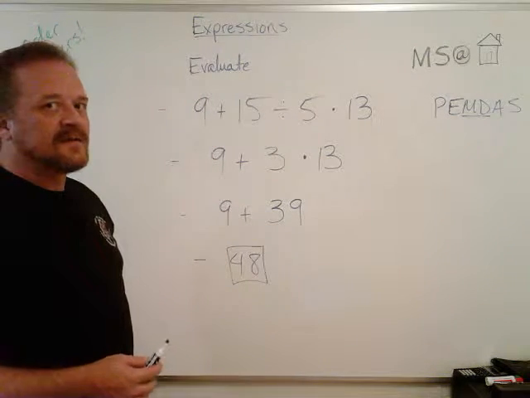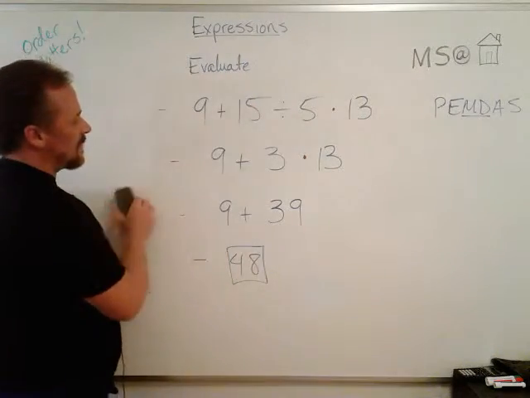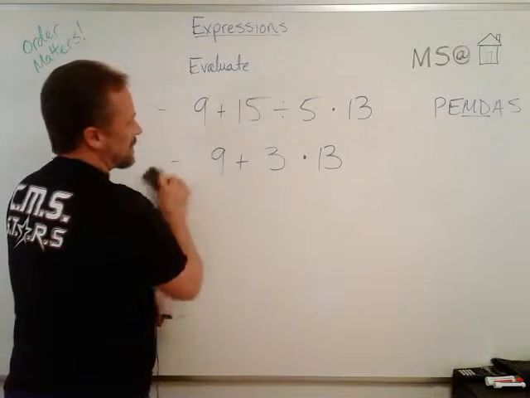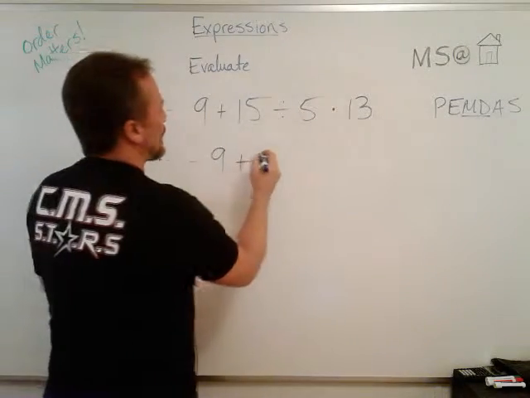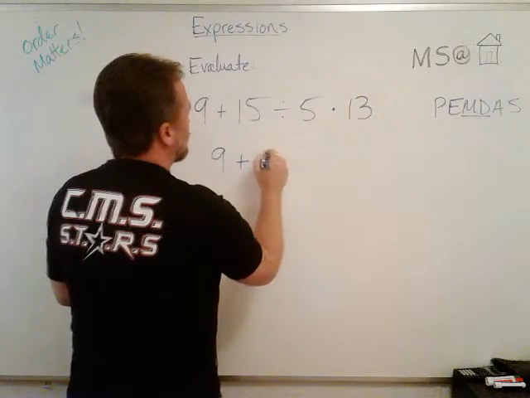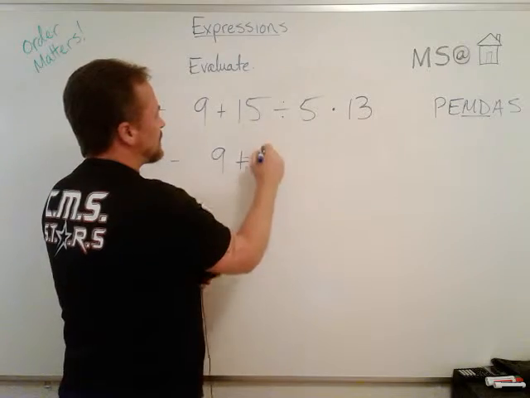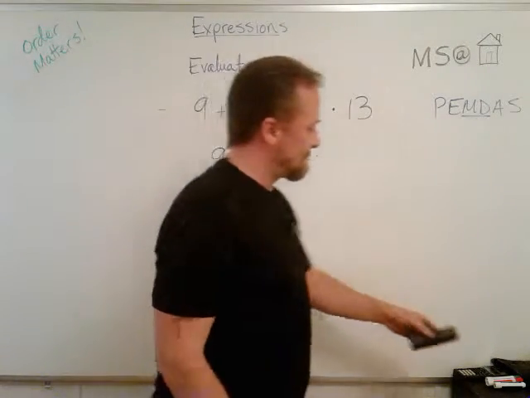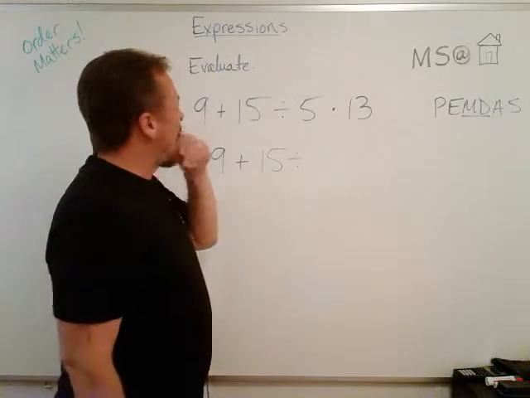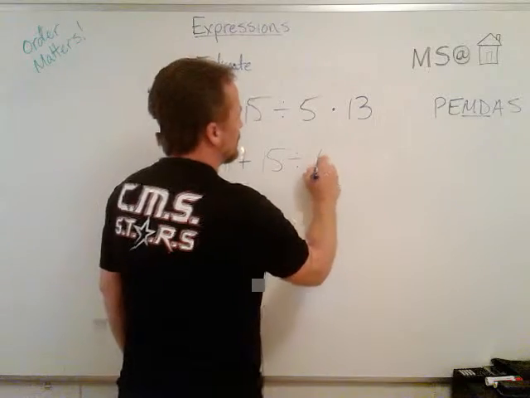What if I didn't? Let's try something. Okay? I want to see what happens if I did multiplication first because I was fooled by the PEMDAS. I didn't change 15 divided by. So what's 5 times 13? I know 5 times 12 is 60, so add 5 more, that's 65.